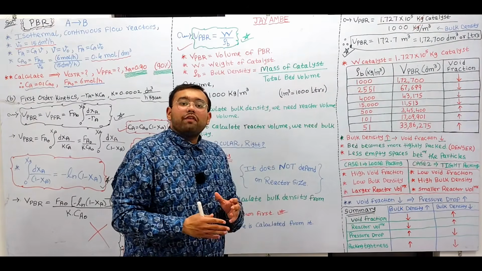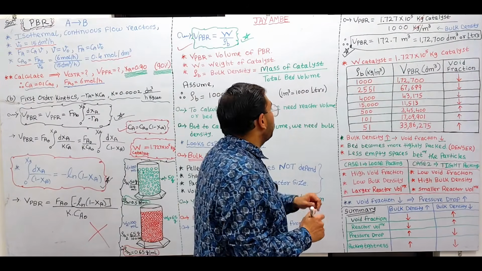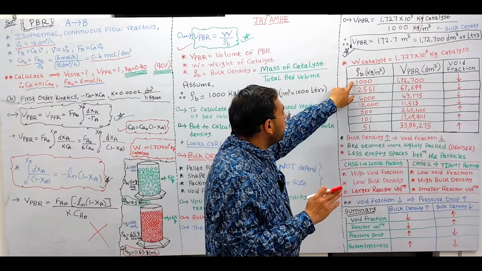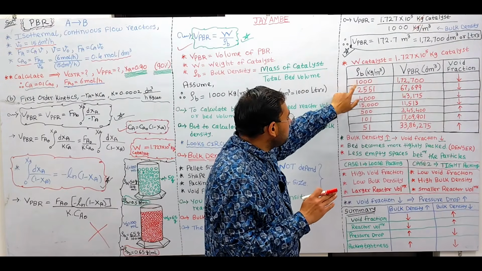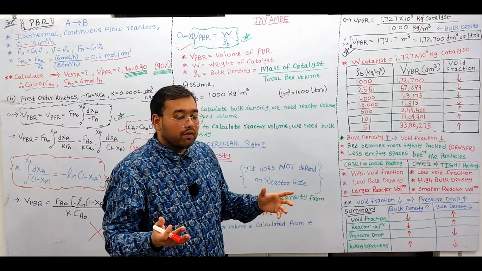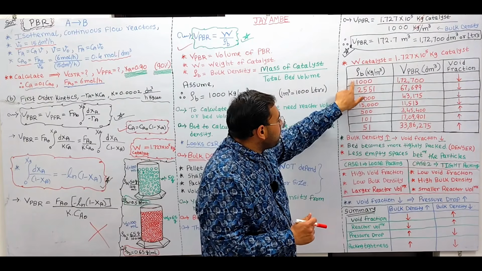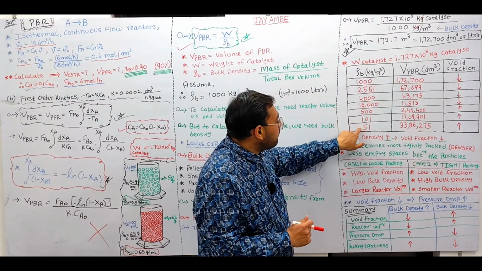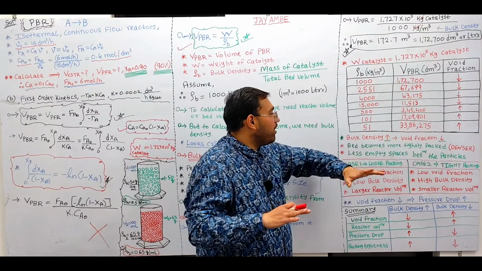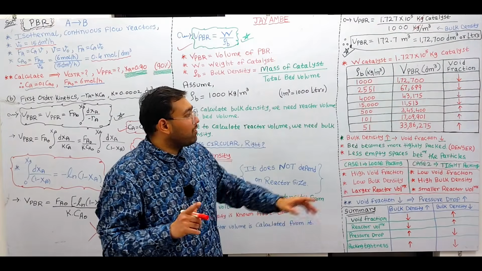Now what if we decrease the bulk density even further, then what will happen? Let's say in comparison to the first case, we decrease the bulk density from 1000 to 500, 101 and 51. You can see there is a drastic exponential increase in the volume of the packed bed reactor for the same weight of the catalyst.